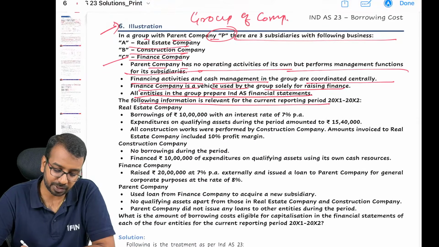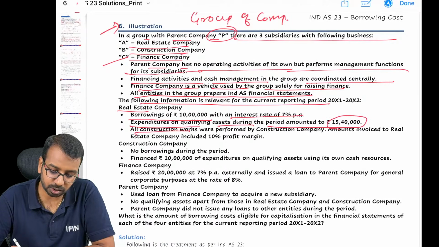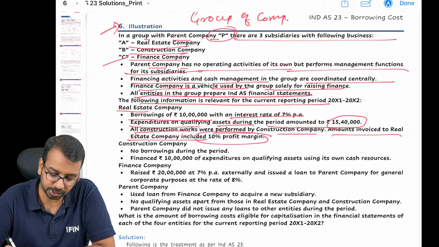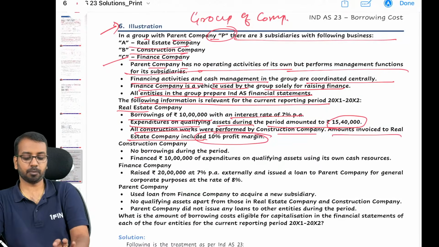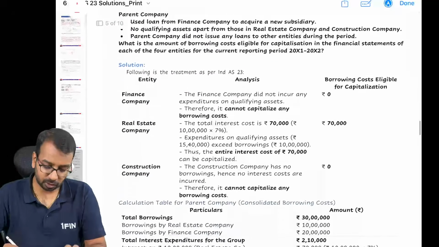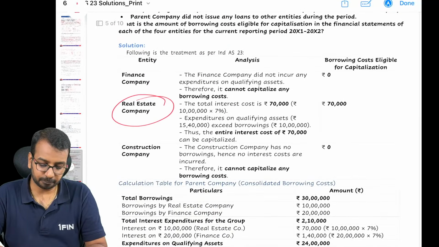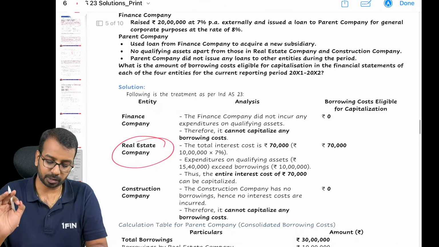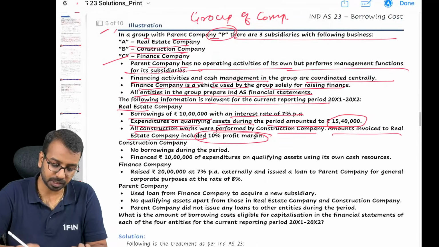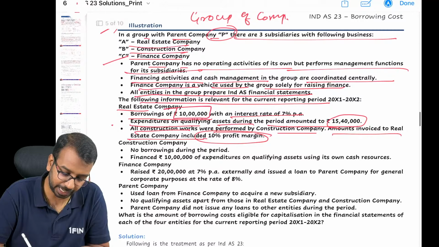The following information is relevant. Real estate company has borrowing of 10 lakh with an interest of 7%. Expenditure on qualifying asset during the period amounted to 1540. All construction works are performed by the construction company. Amounts invoiced to real estate company include a 10% profit margin. Now, in the standalone financial statements of real estate company, you have to see how much they borrowed: 10 lakhs.